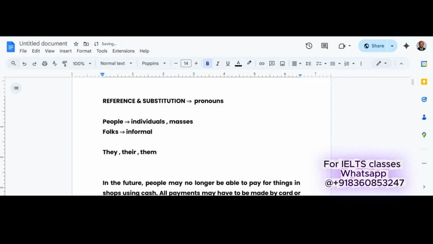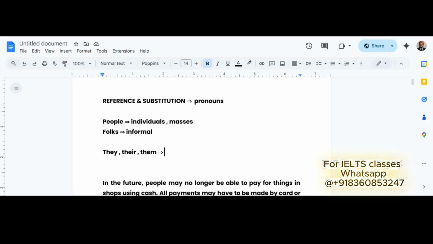So you once talk about people, then in the next sentence you can use the pronoun they, their, or them, which is basically a kind of reference. Here, they is referring to people, so that's why it's called a reference.